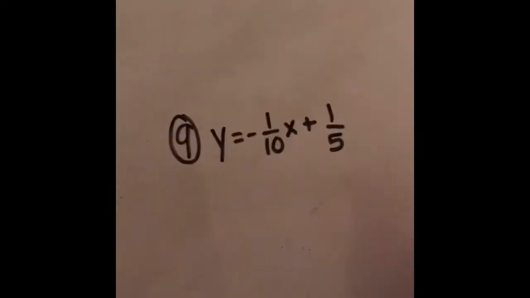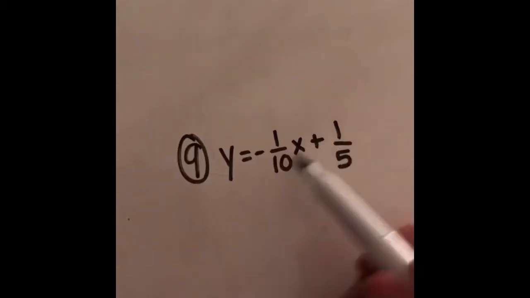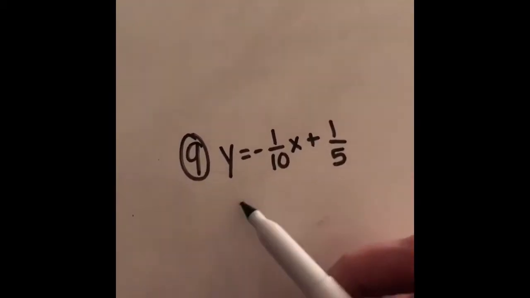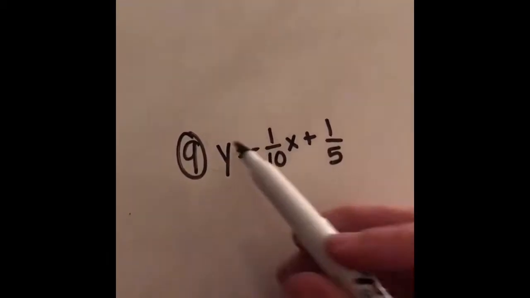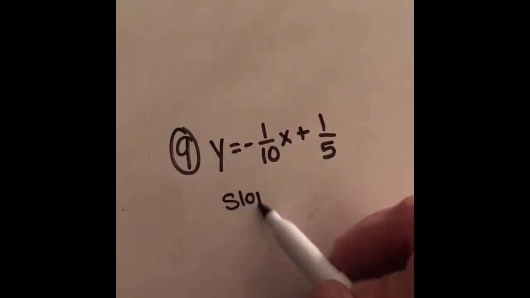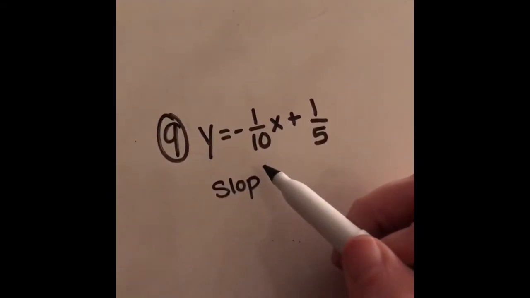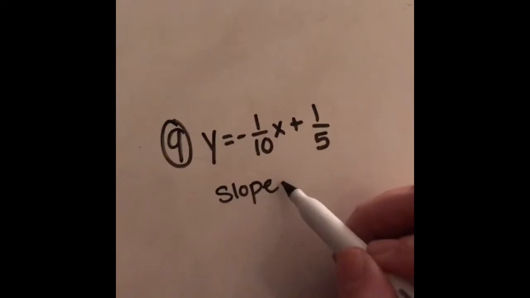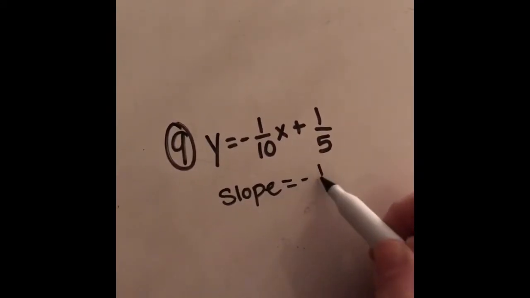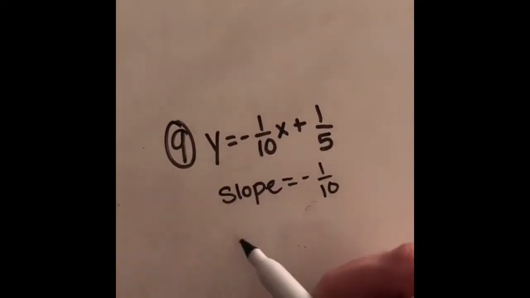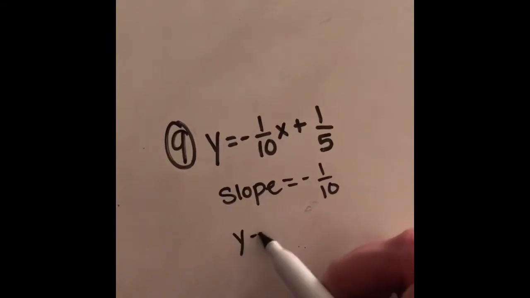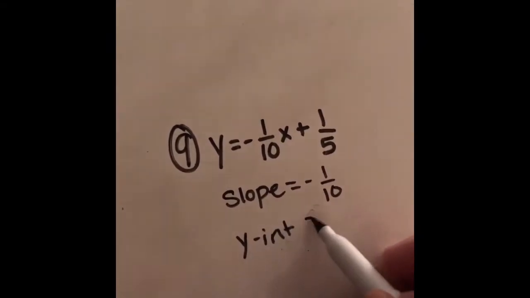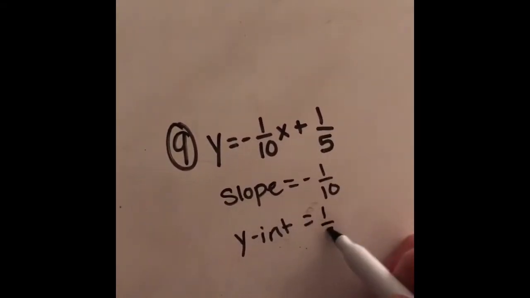Over here, again, it's already in the correct format, so your slope is -1/10, and your y-intercept is 1/5.